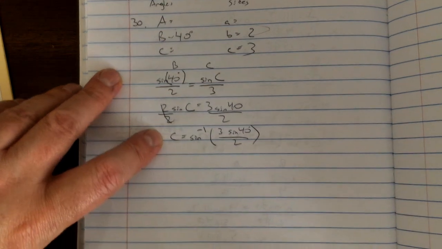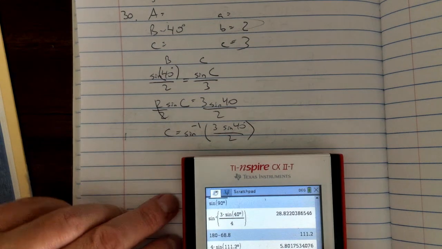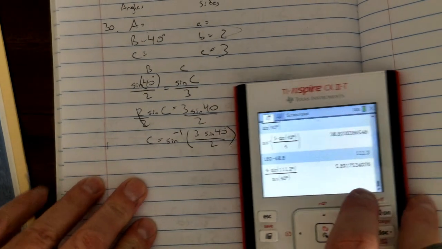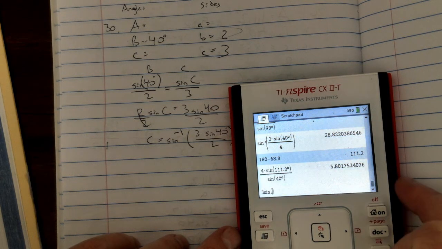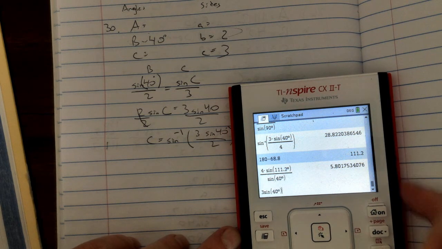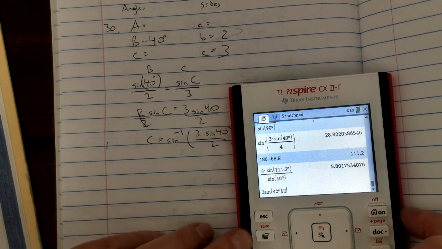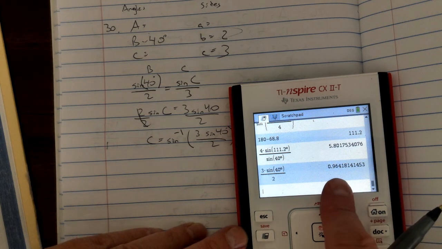Or again, you can say 3/2. So we do 3 sine 40 degrees. Make sure you go outside the parentheses, then divide by 2. That gives you 0.96.